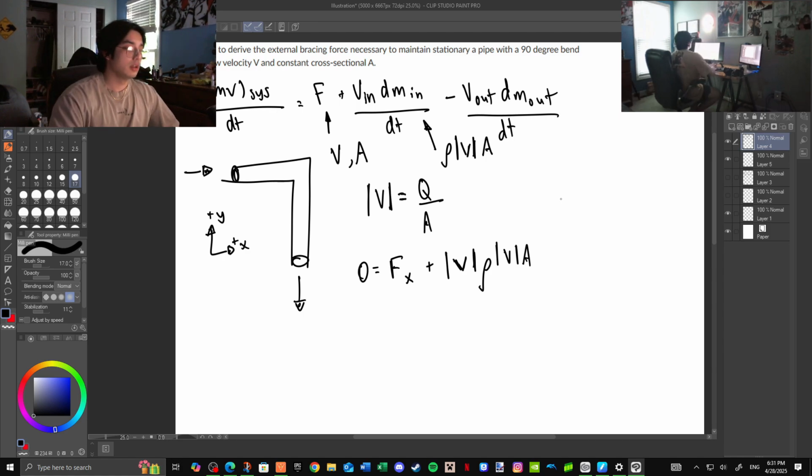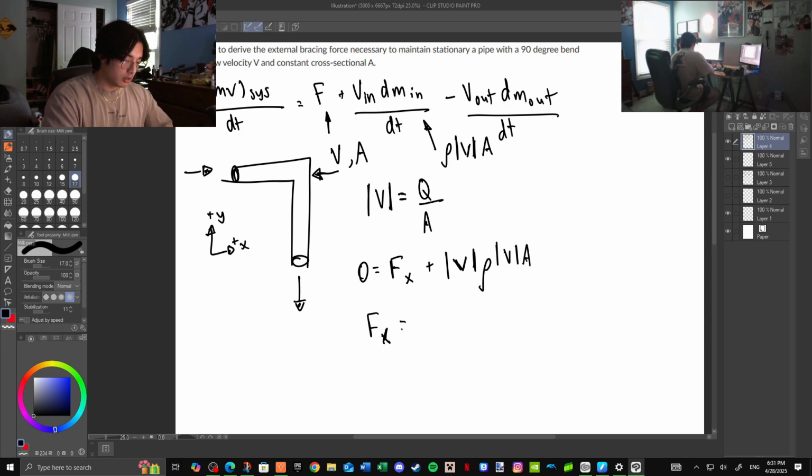And so now for f of x, we can see this will represent the force of the pipe working against the fluid so that it can maintain its position, right? Without this f of x, this pipe would just be moving constantly in the x direction. So this f of x is preventing any movement in the x direction.